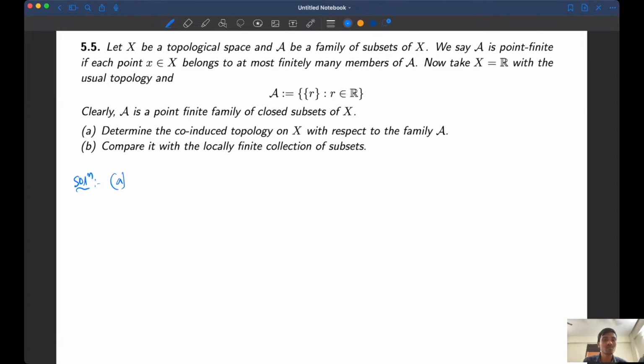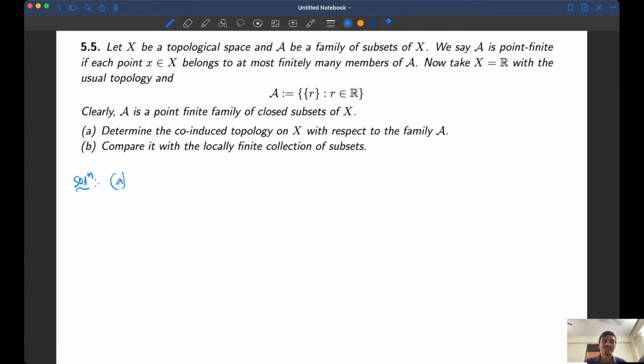Just as a guess, can you say what the co-induced topology on R with respect to this family is? Oh, finite or discrete. Okay, yeah, in this case you will get discrete, because to show discreteness it is enough to show that the singleton sets are open. Pick an element r; on the singleton {r}, there is only one topology.